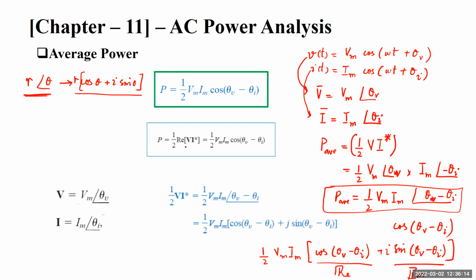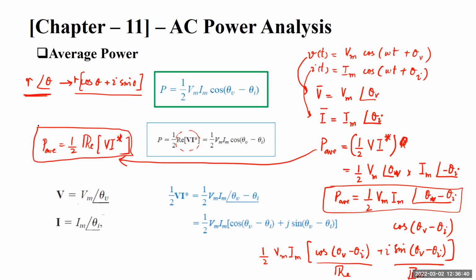Therefore, whenever you see a power relationship, it will be the real part of the product with the conjugate. So instead of this, we are supposed to write P average equals 1 by 2 times the real part of the multiplication of the phasors. If we multiply, we see that this is the real part. That is why the real part comes in this equation.